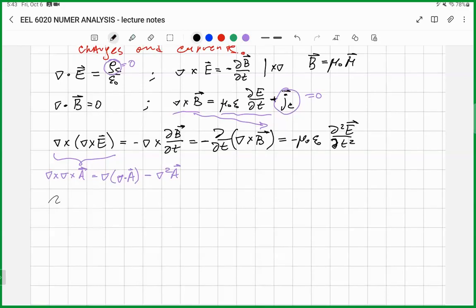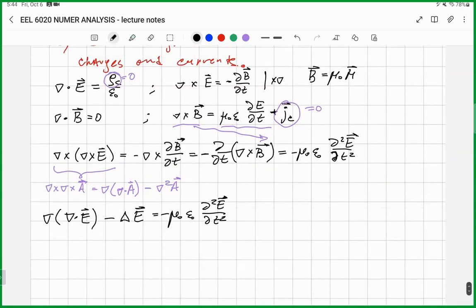So we're going to get the gradient of divergence of E minus Laplacian E, and it's equal to minus mu 0 epsilon 0 d2E over dt2.